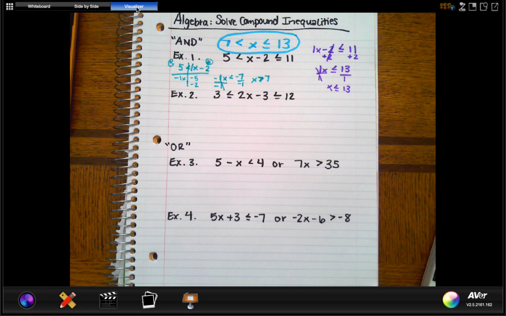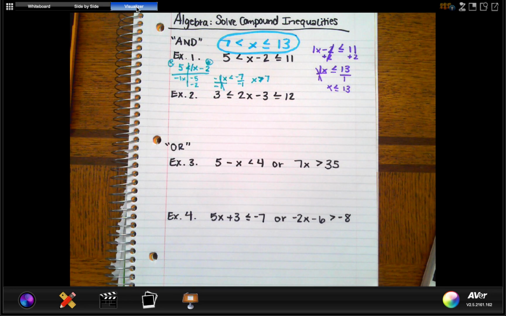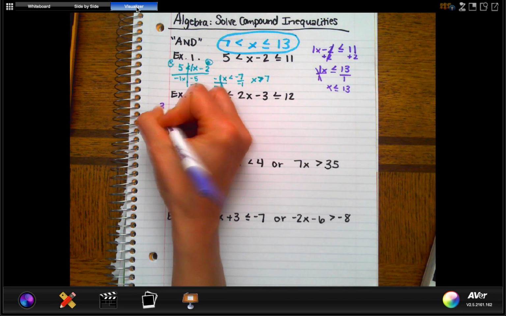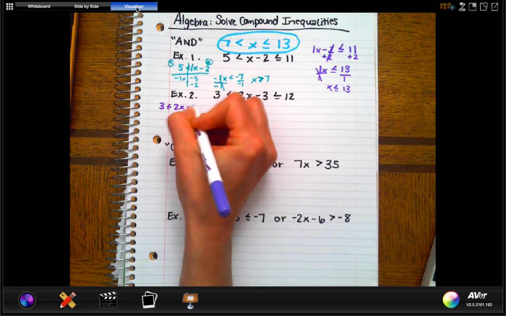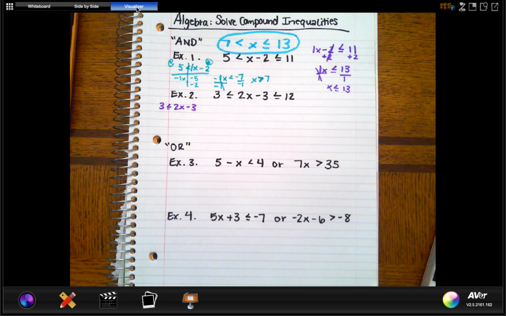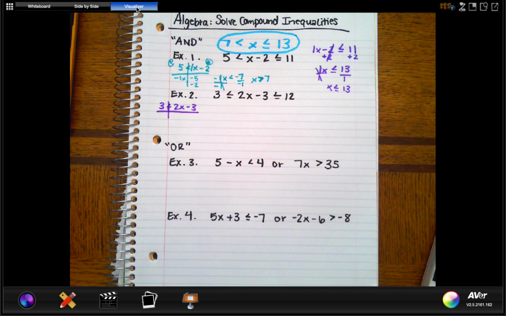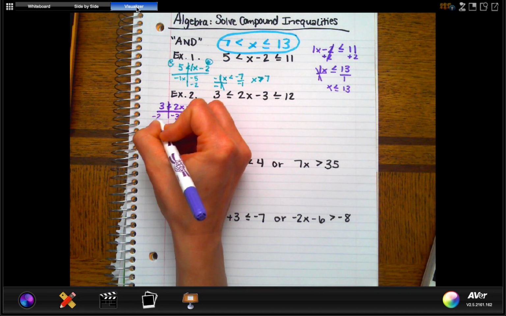Same thing, you know this is an and question because they're connected, okay? So what you're going to do is solve each side again. Starting with the left side, we're going to solve 3 is less than or equal to 2x minus 3. Again, you can use the shooter problem or the chart here. Most of you are more comfortable with the chart, so I'm going to do that. 3 becomes negative 3, 2x becomes negative 2x.